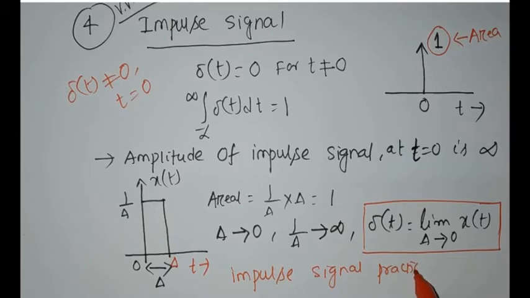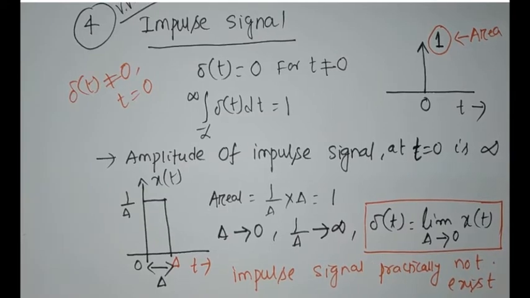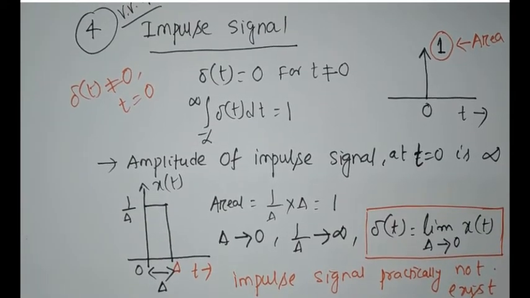Because this impulse signal is defined for t equals 0, and t equals 0 means no meaning.